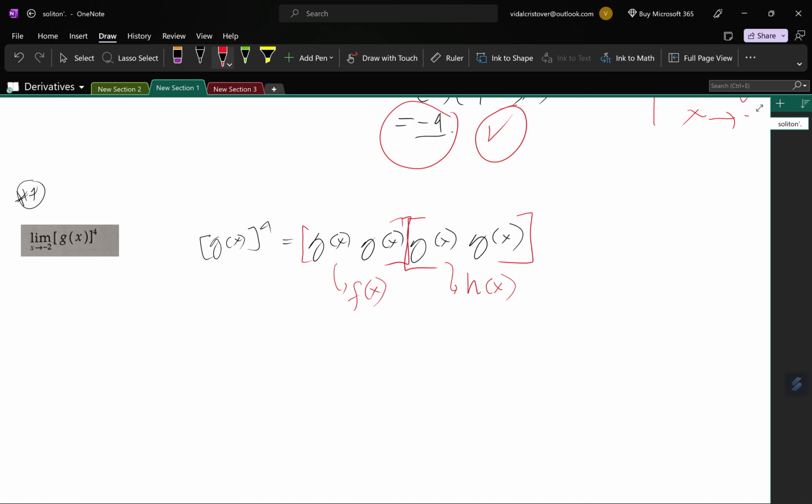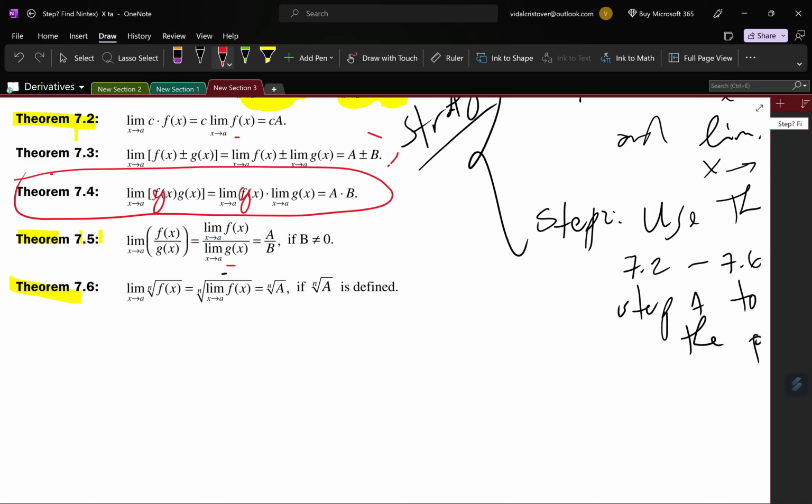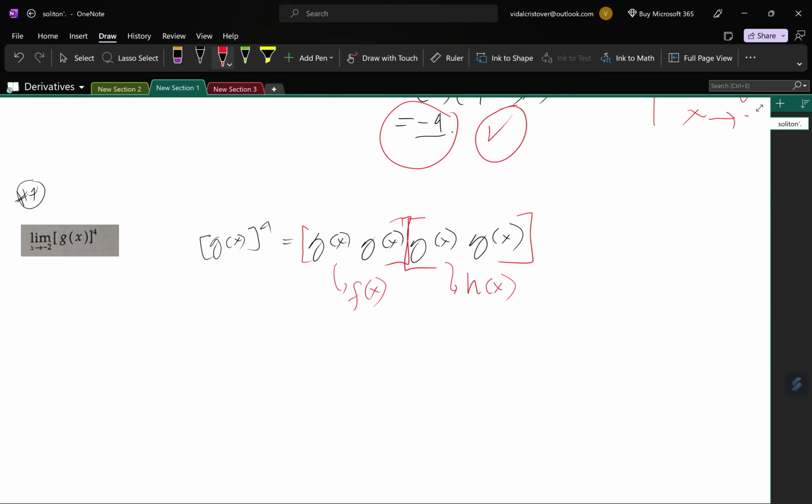Tungod kay duha na lang ni ka buok, pwede na nato i-apply dayon ang theorem 7.4. Human ma-apply ang theorem 7.4, i-apply na pud nato ang theorem 7.4 sa kada isa nila, sa f of x ug sa h of x. Dayon makuha na nato ang solution.